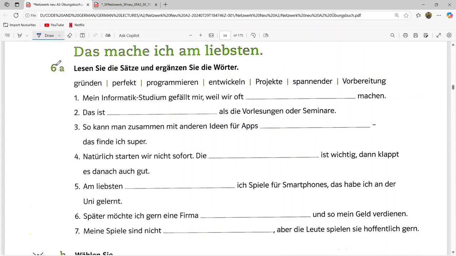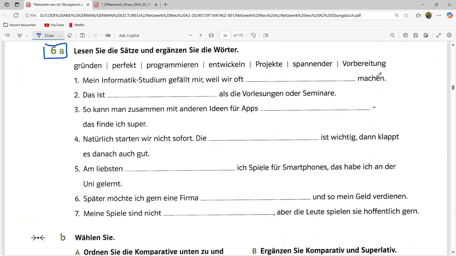Okay. Task number 6a. Lesen Sie die Sätze und ergänzen Sie die Wörter. So read the sentences and fill in the blanks with the words. Gründen means to build, programmieren means to code or to program, entwickeln means to develop, Projekte means projects, spannender means exciting, Vorbereitung means preparation.